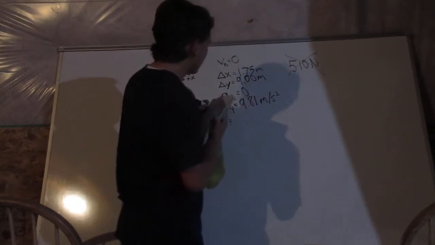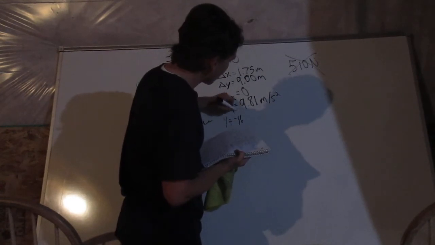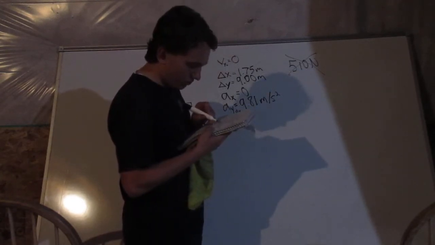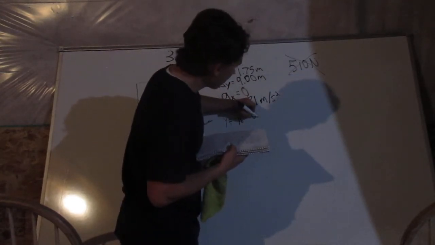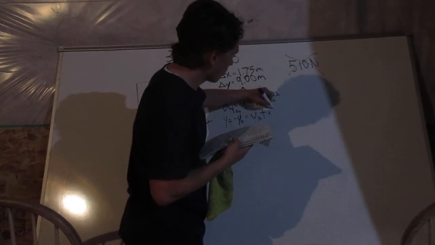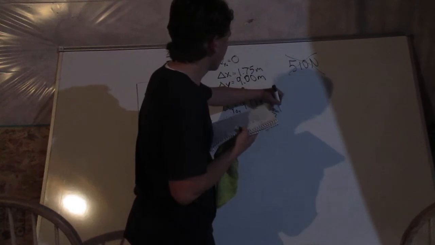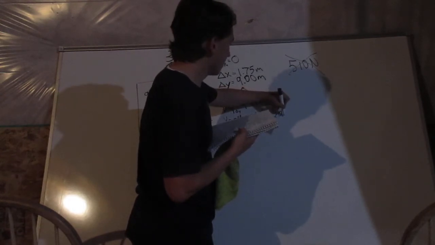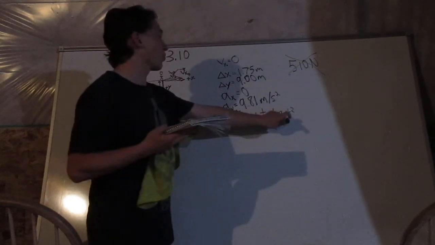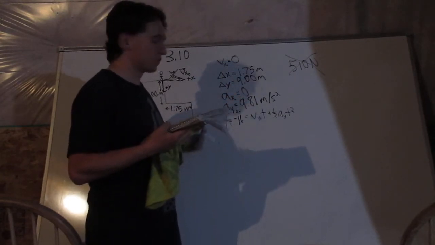Our final y position minus our initial, or in other words, delta y, is equal to our initial y velocity times time plus 1/2 our acceleration in the y direction times time squared. Now this is an equation that works if we have a constant acceleration, which we do.